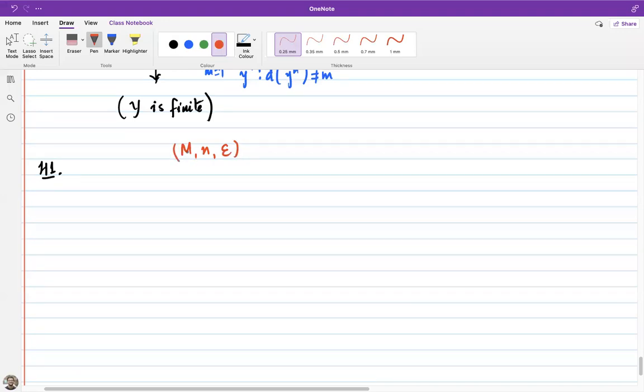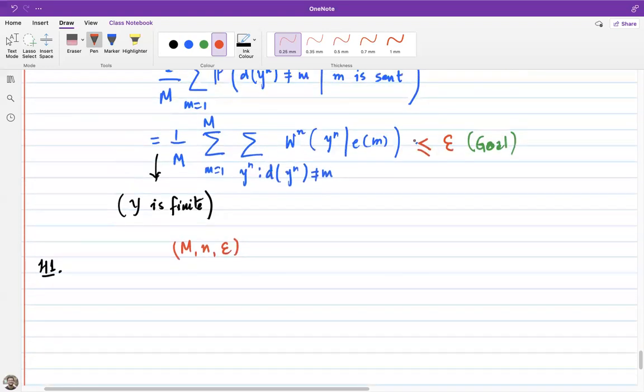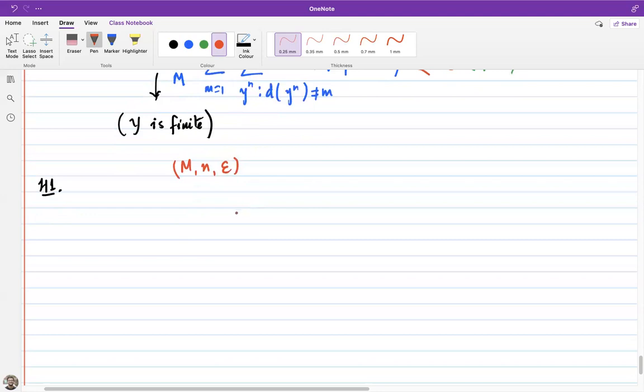There are m messages, and the encoding operation allows you to encode them to a length of n, and we want to make sure that the communication is under control, and for that we want the probability of error to be less than epsilon. So here is the first heuristic.